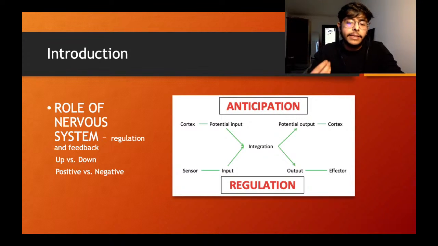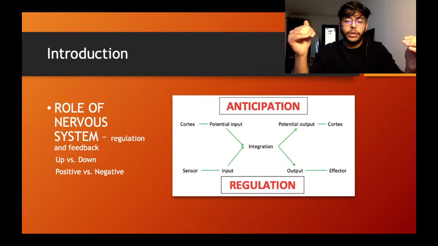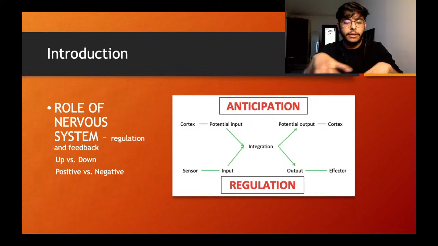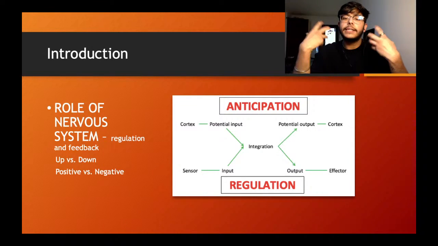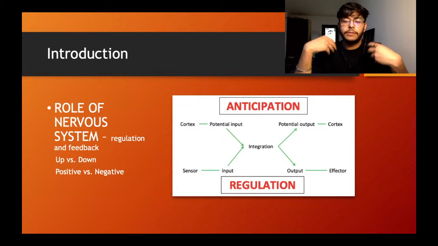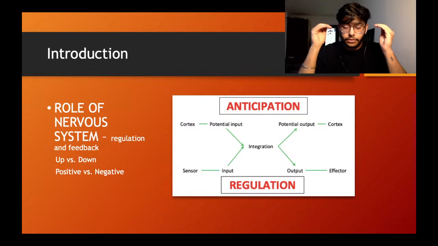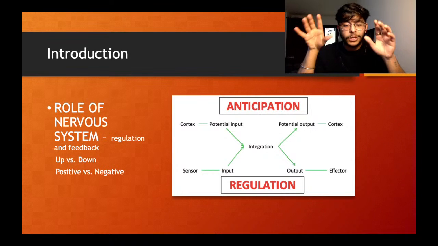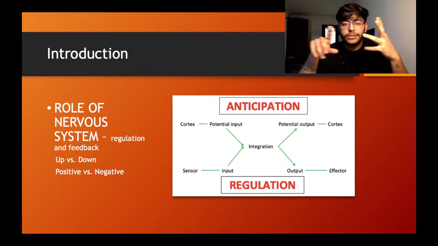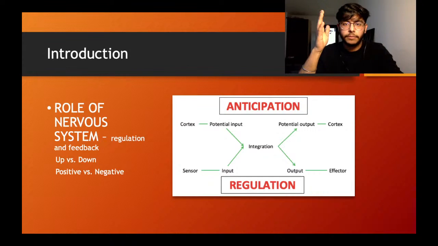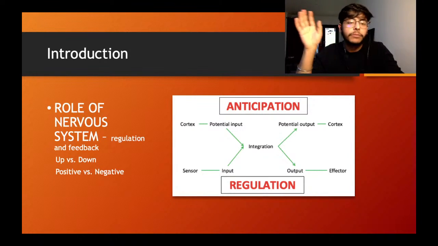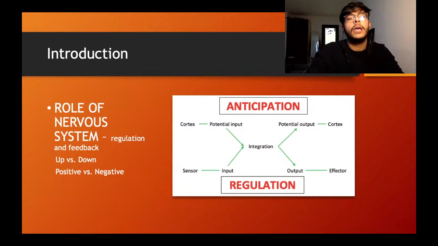You eat to a certain point where your stomach is full and distended, and it's like, okay, we can't take any more. It sends out signals, telling the hunger center of the brain that we're done. We don't need any more food. We have enough glucose, we have enough nutrients. That's negative feedback, and the feeding center of the brain is like, okay, we don't need to eat anymore.